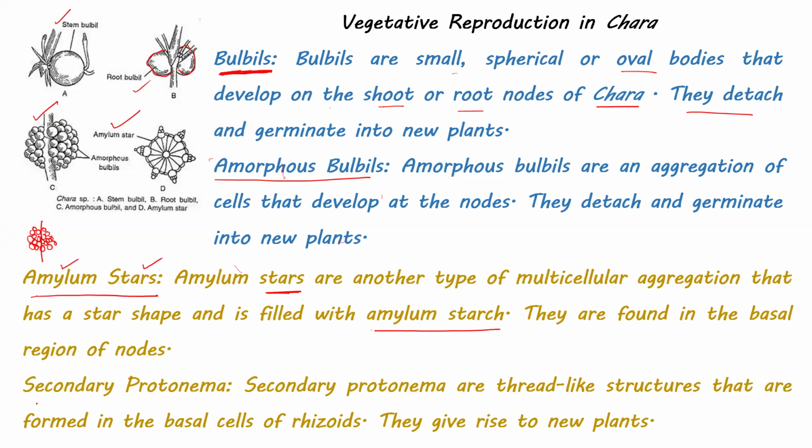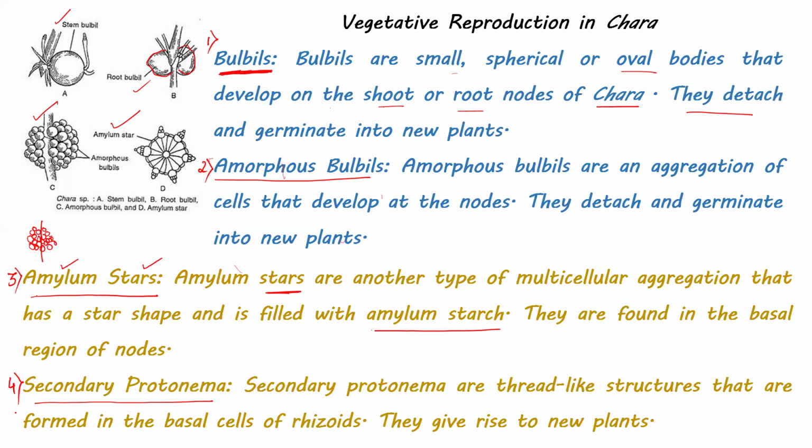Last, we are left with secondary protonema. Secondary protonema are thread-like structures that are formed in the basal cells of rhizoids, and they have the potential to give rise to new plants. All these structures, bulbils, amorphous bulbils, amylum stars, secondary protonema, have the potential to give rise to new plants without union of sex cells or gametes.